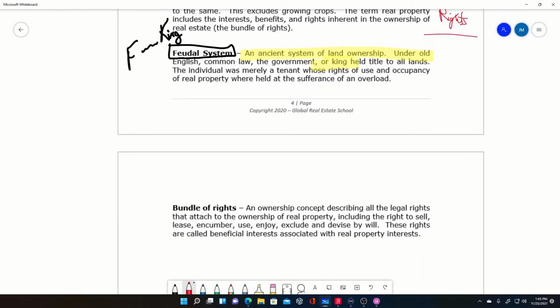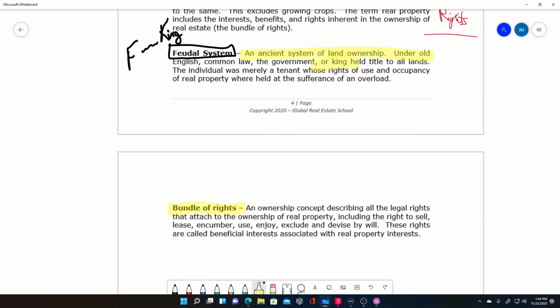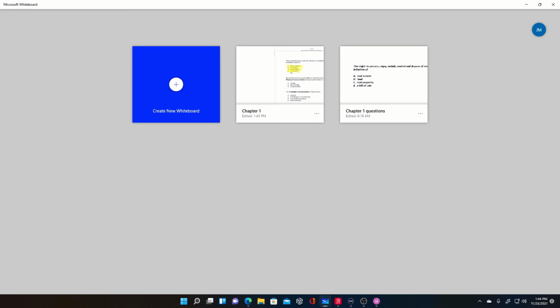And so again, we have your bundle of legal rights down here, and remember, that would be the sticks that I talked about, and each stick represents a right that you have. I can take a loan out, I can leave it to someone, I can give it away, and so forth. Now, let's go over very quickly and take a look at this question.